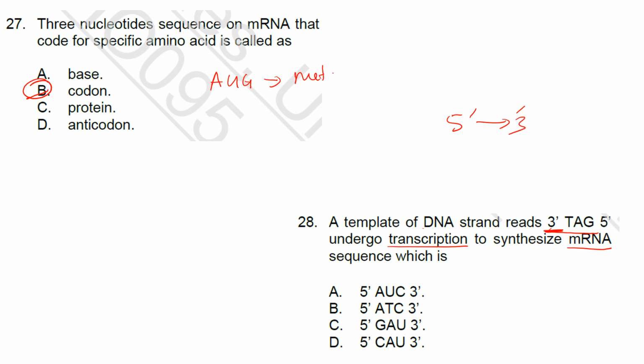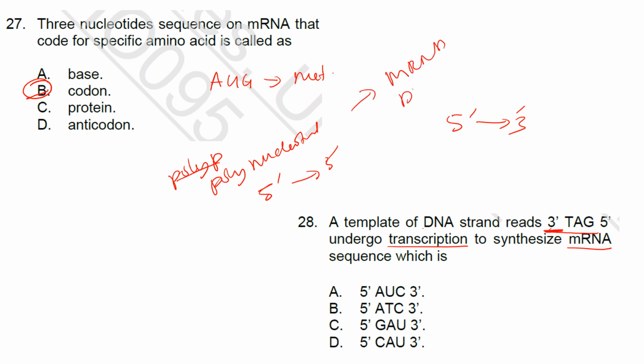Same as DNA replication. The synthesis of polynucleotide must occur in the 5' to 3' direction. Whether it's mRNA or DNA, the synthesis of polynucleotide must run in the 5' to 3' direction.